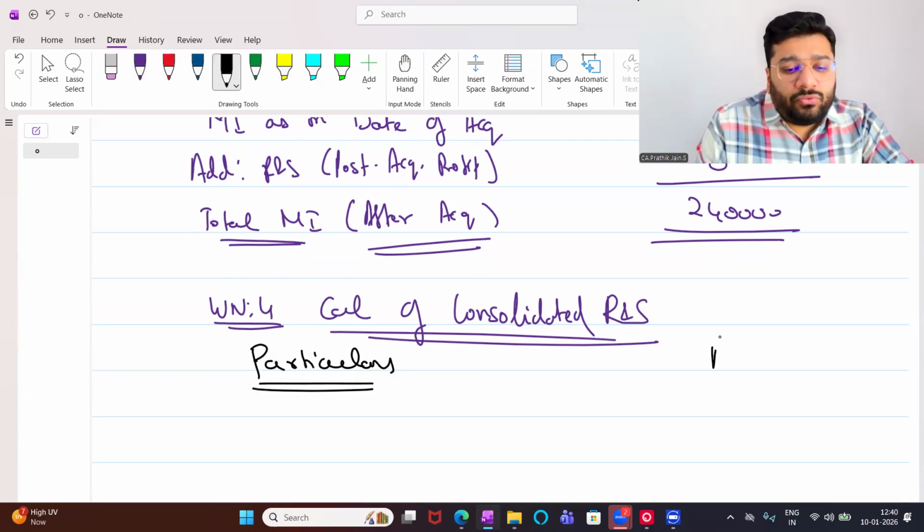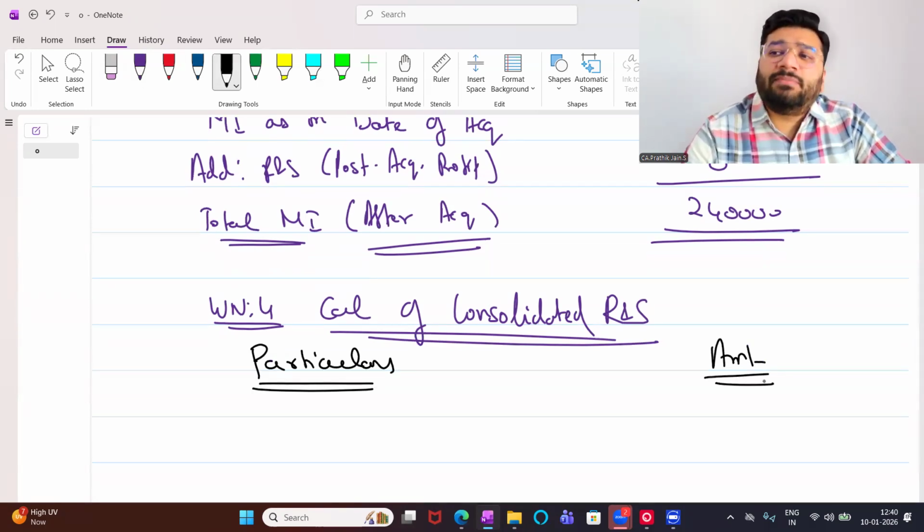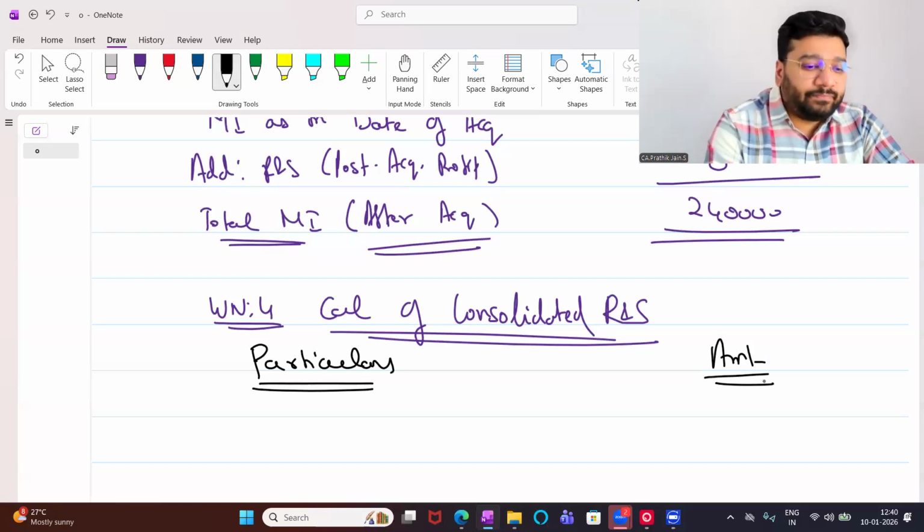My question to all of you: this format that I'm giving, for AOP, goodwill, minority or consolidation, is this subject to change? Yes, if masala comes in, this will automatically get upgraded. Few things might be added, few things will be subtracted. All that masala will come in future. Today I'm keeping the concept very, very simple.